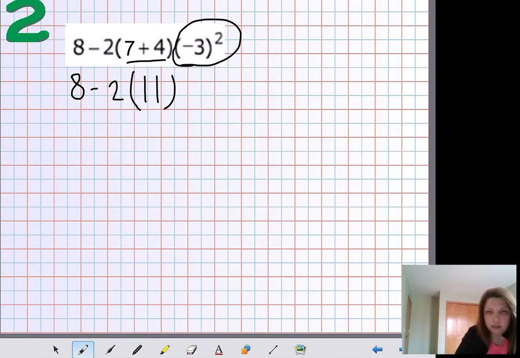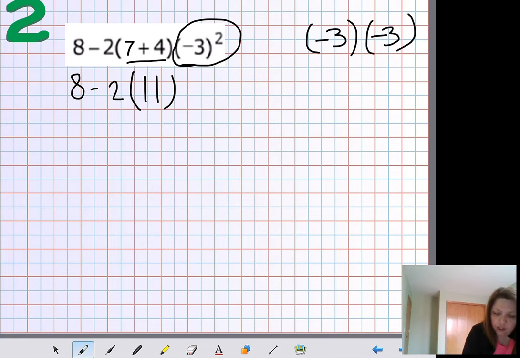Negative 3 to the second power is the same as negative 3 times negative 3, and negative 3 times negative 3 will be positive 9. So times 9 here. Alright, so we have multiplication here, multiplication here. We will start from left to right and multiply those numbers.